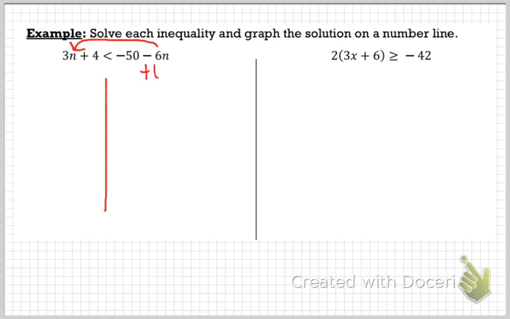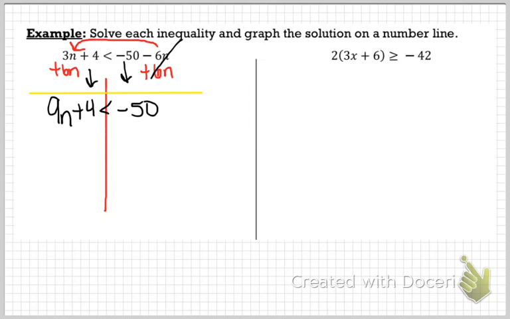And I'm going to eliminate it by doing the inverse. So I'm going to add it over since it's subtracting. So it cancels. 3 plus 6 is 9n. So don't forget the n. Bring down the 4. Bring down the inequality. And bring down the minus 50.